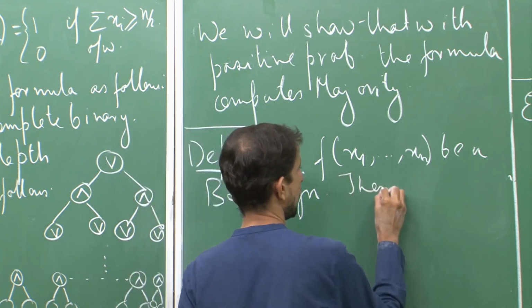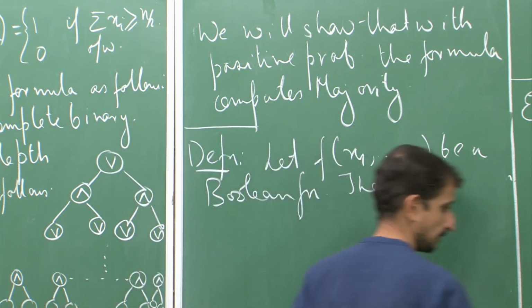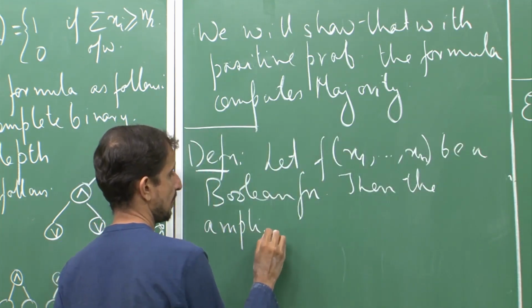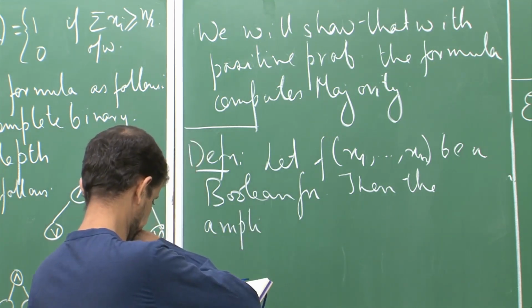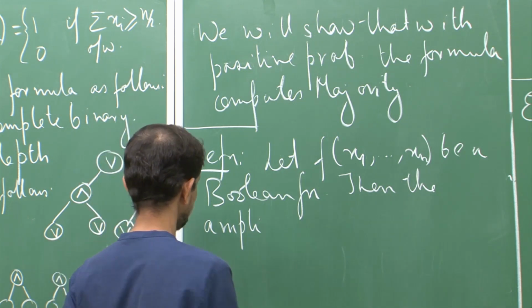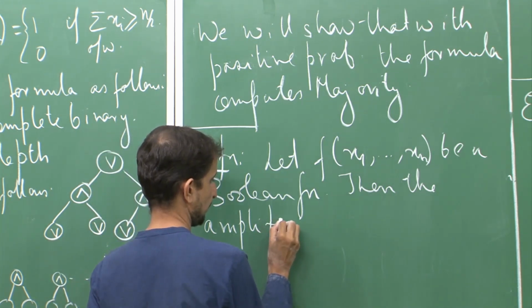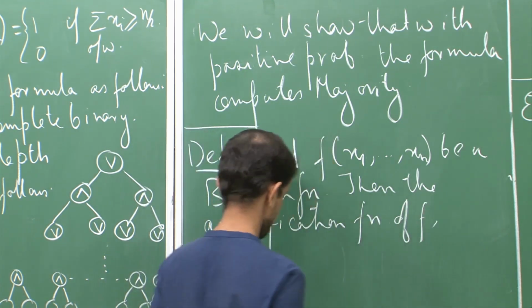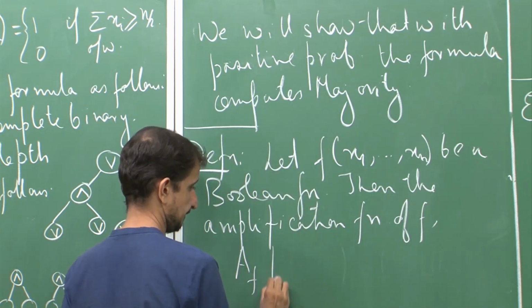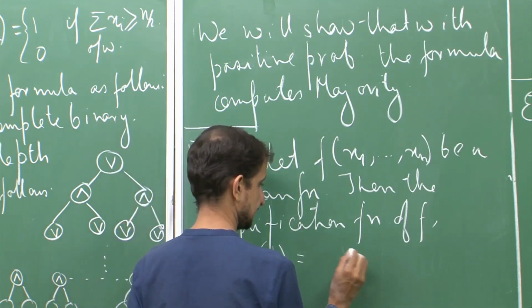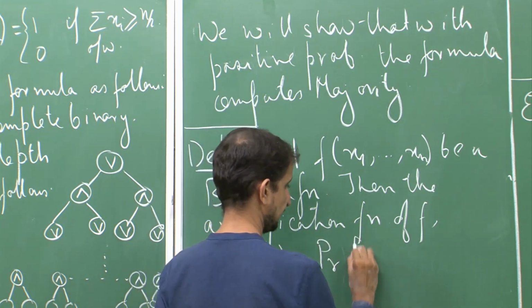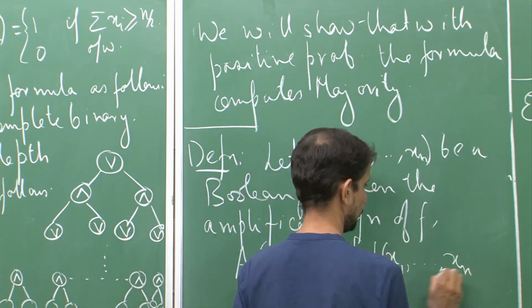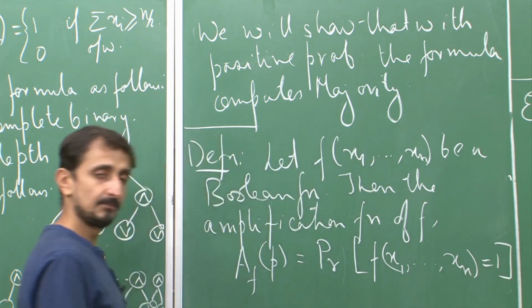Then the amplification function of f, A_f of p, is defined as the probability that f of x1 up to xn takes a value 1.